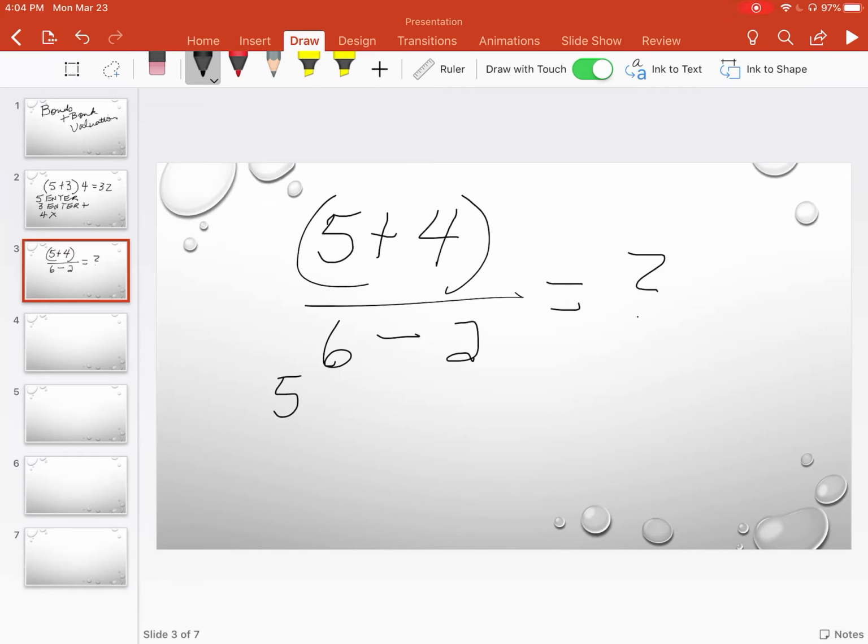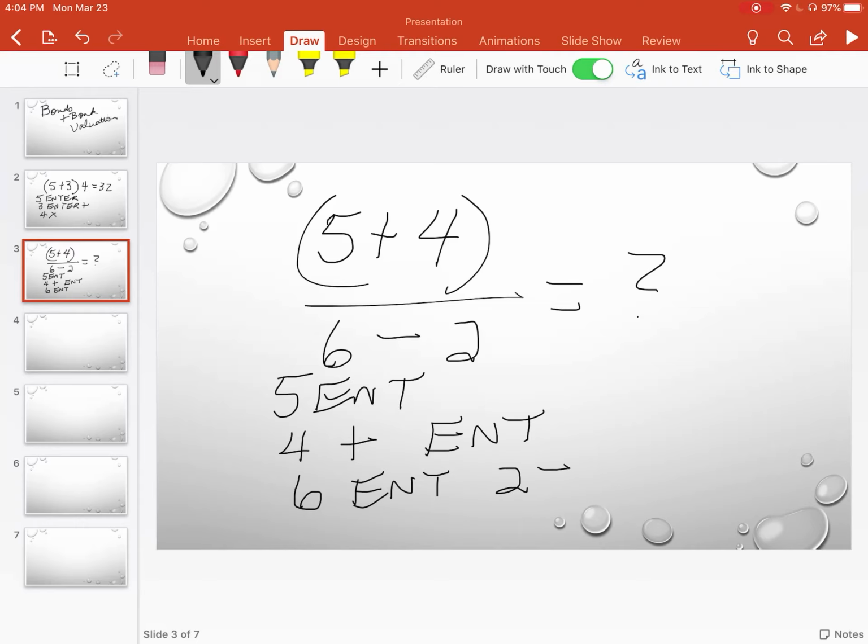I would enter 5, enter, 4, plus, and then I need to have that in my numerator, so I would just press the enter button to put it in my carriage, and then I would enter 6, enter, 2, minus, and then divided by. So let's work that problem.